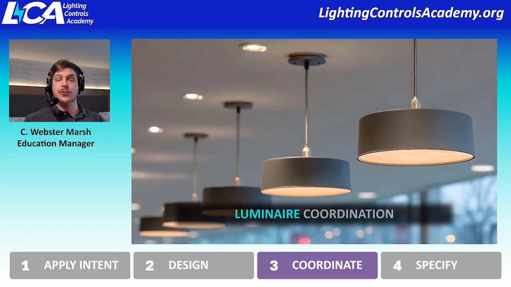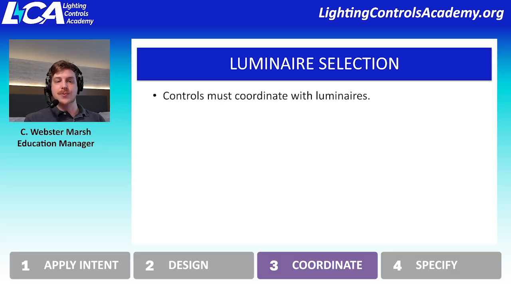So let's get into luminaire coordination, where we want to make sure that the lighting control system is capable of controlling our luminaires and that our luminaires are compatible with our lighting control system. When we are creating our lighting controls design and our lighting design, if we happen to be the same person, we want to make sure that the two of them are coordinated appropriately.